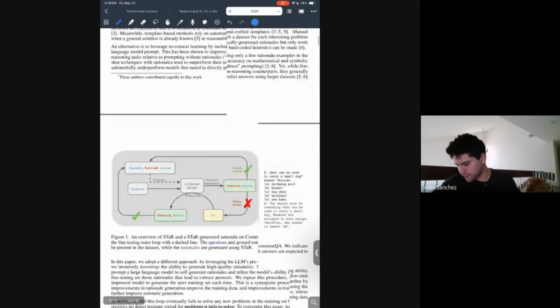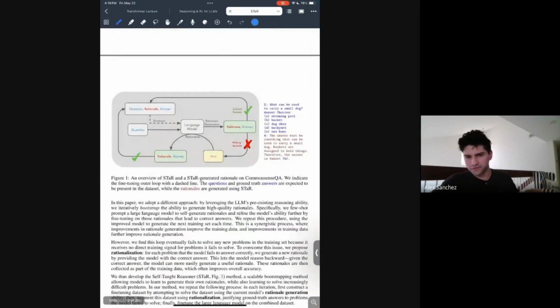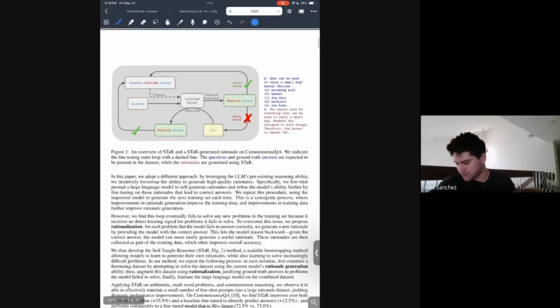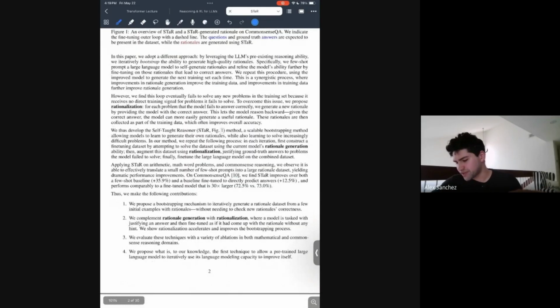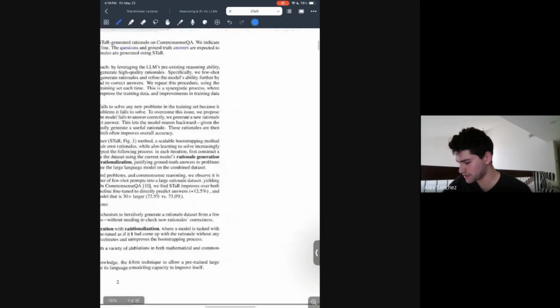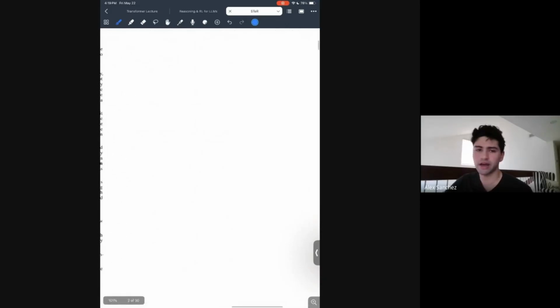And so I'll go over this very intuitive graphic here. But basically in this paper, like I said, they bootstrap the reasoning ability to generate high quality rationales and repeat that. This process, you're going to see in the algorithm, works kind of like this.